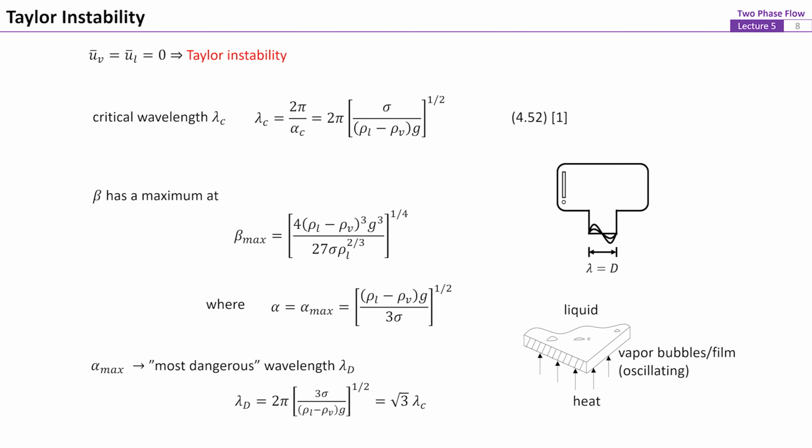The maximum value of beta from the dispersion relation is obtained by taking the differential of beta with respect to the wave number alpha.